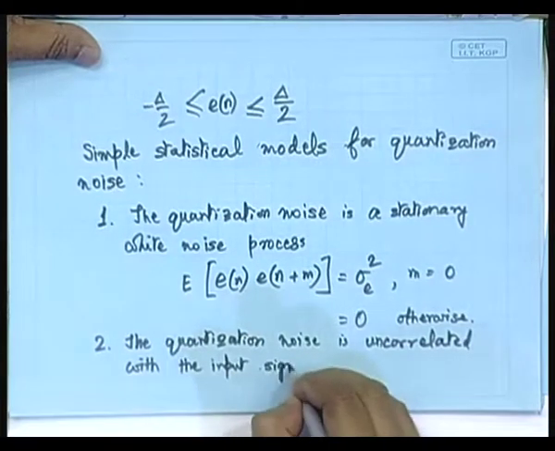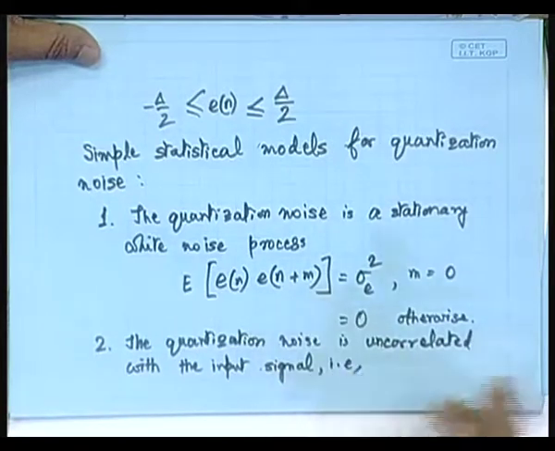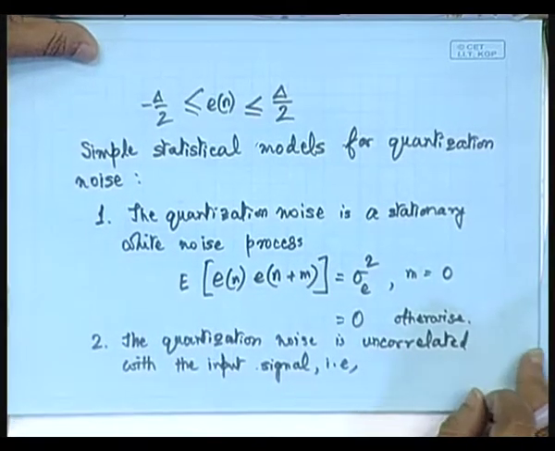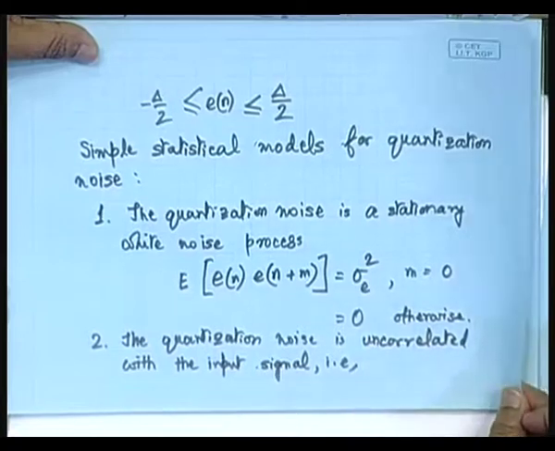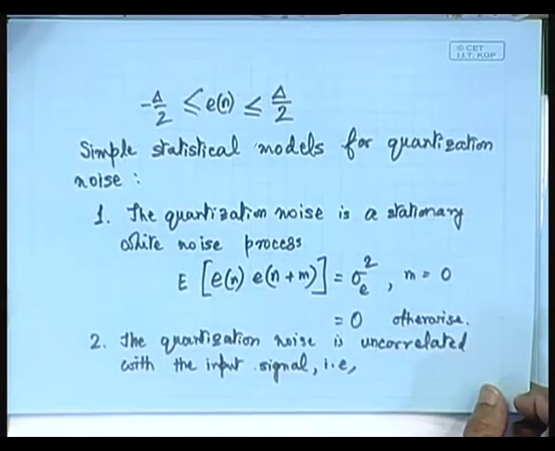So, how do we express that mathematically? We have to write again in terms of expectation. The signal term will be denoted by x of n and the noise term will be denoted by E of n.